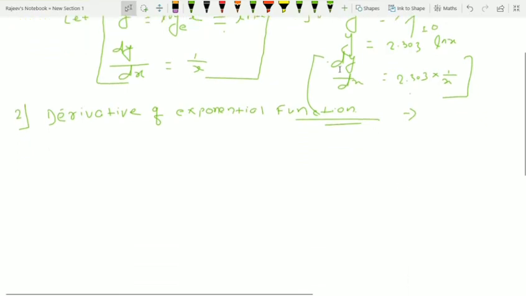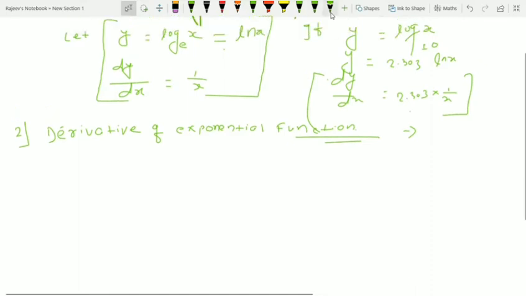I have already told you, in an exponential function the base should be constant, like see here, y is equal to a raised to power x. So this is an exponential function. Why? Because its base is constant, but the power is variable. So this is called an exponential function. So how can we differentiate this one?